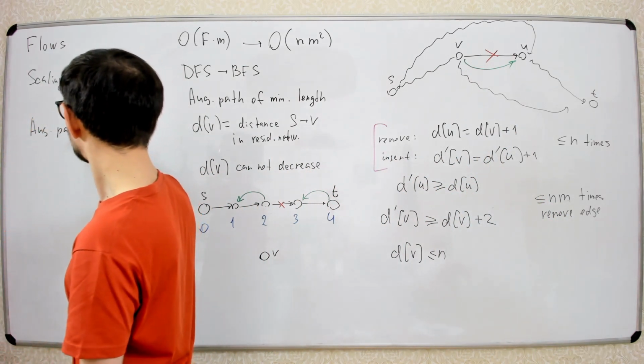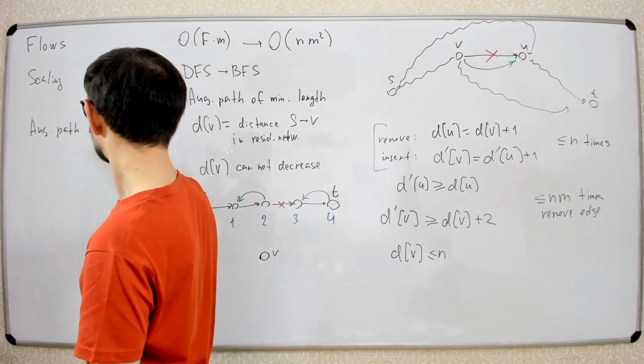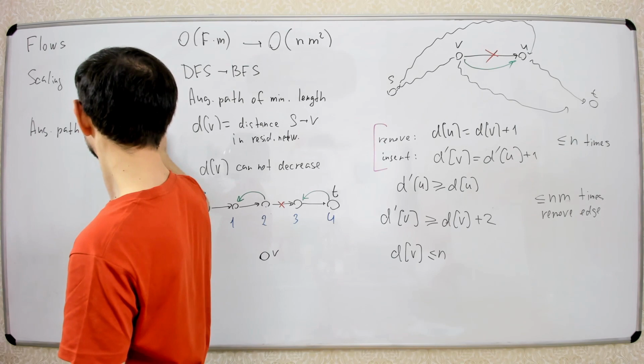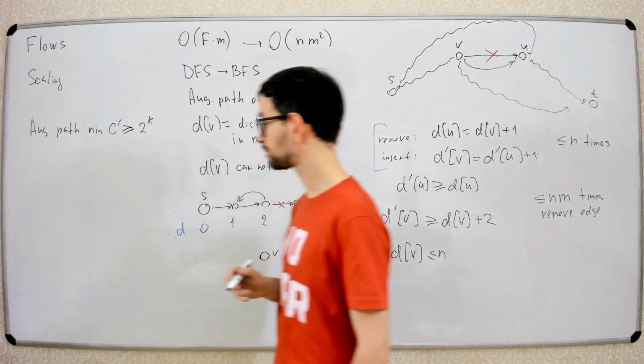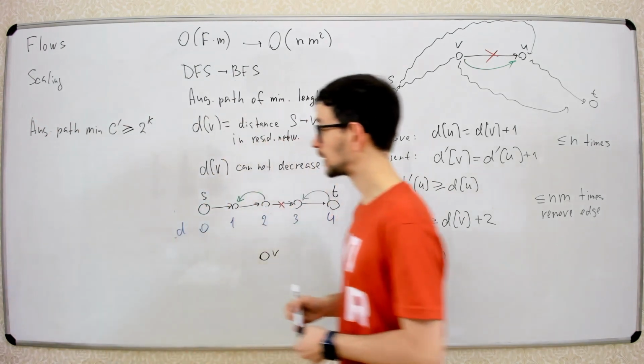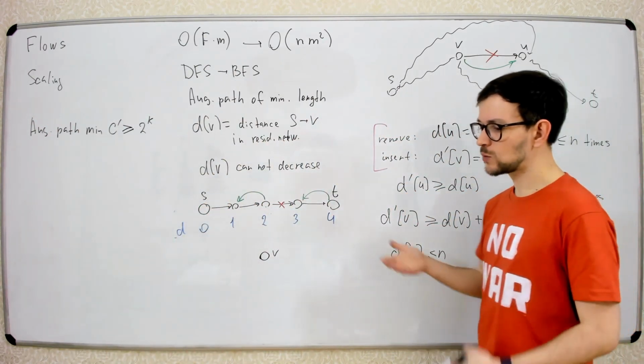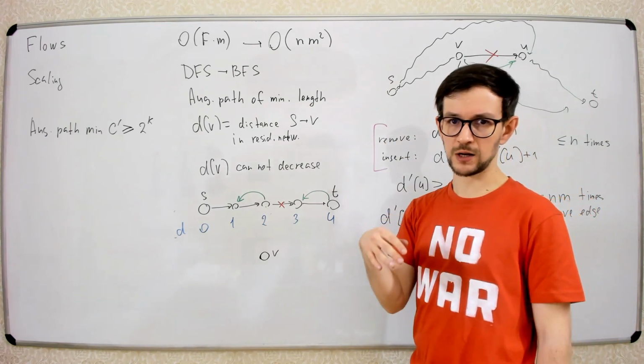So let's try to find augmenting paths with minimal residual capacity at least 2 to the power k, and then we'll decrease the value of k.